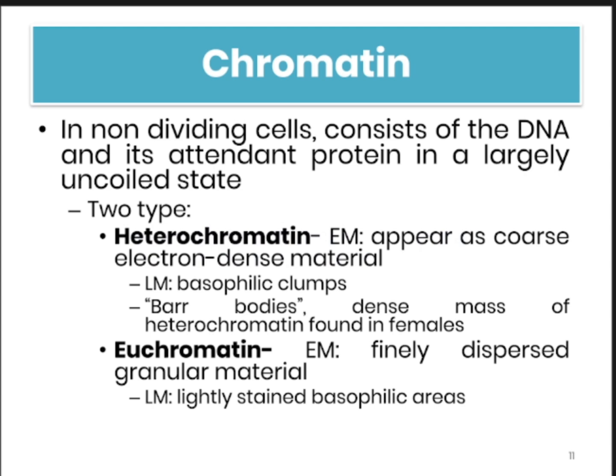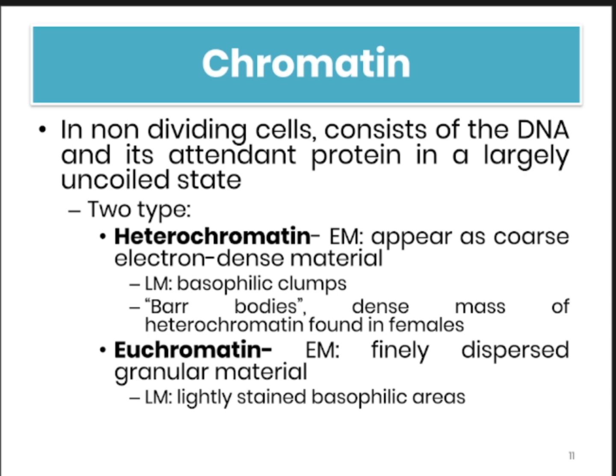Now, when you talk about your chromatin, we would like to highlight the two types. We have your euchromatin and your heterochromatin. Your euchromatin would indicate an active chromatin. So again, euchromatin, active chromatin. That is a chromatin that is stretched out so that the genetic information in the DNA can be read and transcribed.